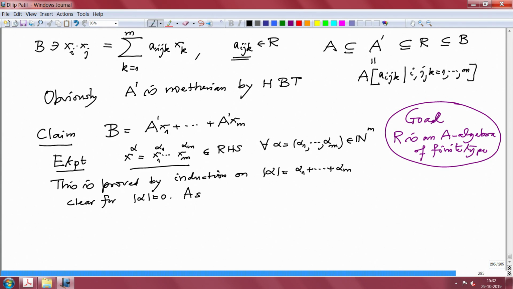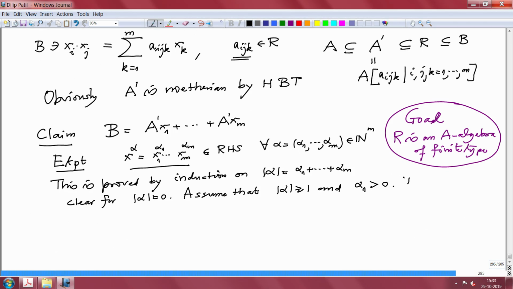Assume that mod alpha is bigger or equal to 1, and we may assume alpha 1 has to be bigger than or equal to 1. If alpha 1 is 0, then you interchange with some other alpha, interchange the x's, therefore we can assume alpha 1 is at least 1.